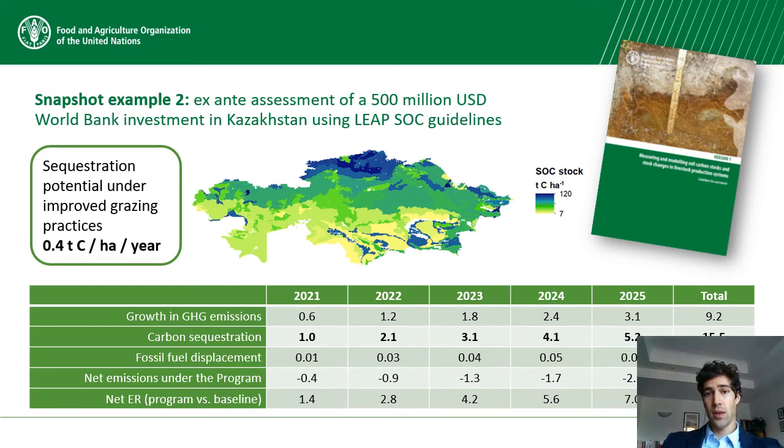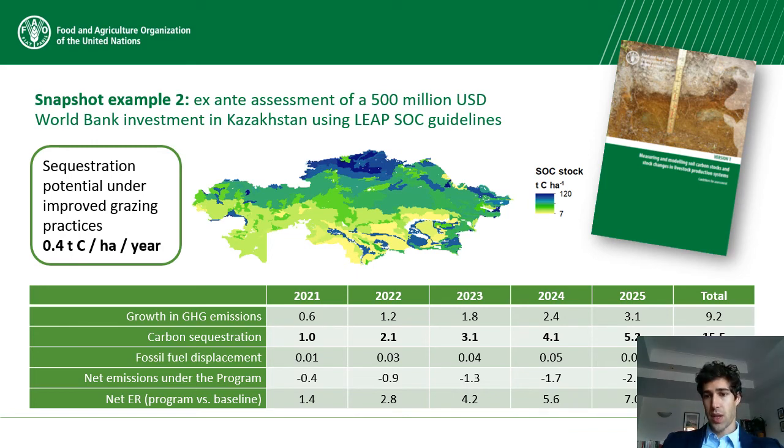And knowing the projected growth of the sector, the grassland expansion, potential for adoption of improved grazing practices, we calculated basically the carbon balance of the World Bank project and showed that by only increasing efficiency, the sector would still emit 9.2 million tons of CO2 equivalent over the 5 years of the project compared to the current situation.